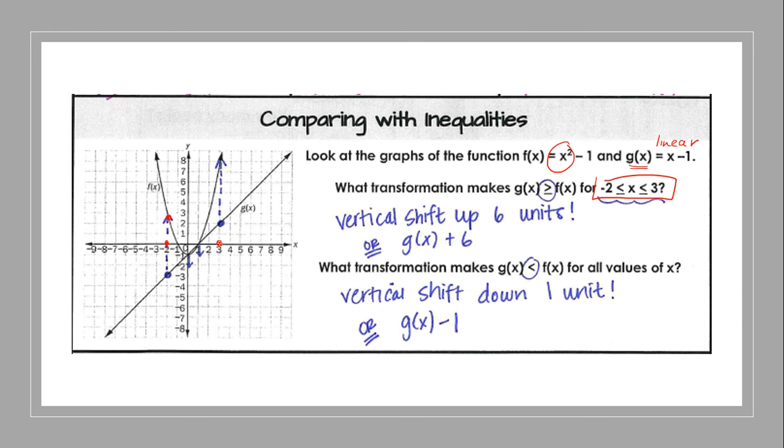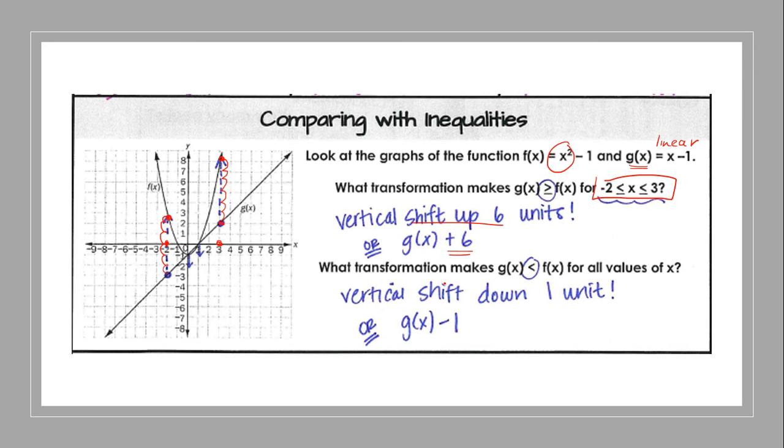So same thing here. Right now my line at x equals 3 is right here, but I want it to intersect when x equals 3 on my quadratic function. So if I count 1, 2, 3, 4, 5, 6 units up is how much it's going to take for me to get to negative 2 on the quadratic. And then here 1, 2, 3, 4, 5, 6. It's going to take me 6 units to move up to that point on the quadratic. So we shift up 6, which means I just add 6 to the end.